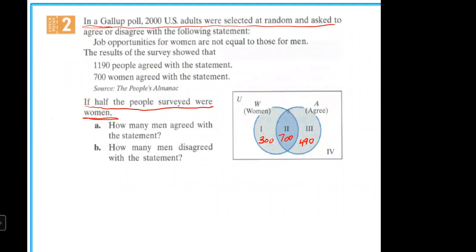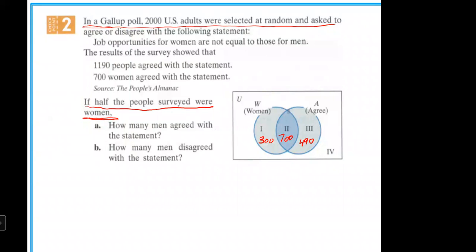Okay, so now Ms. Fernanda, what is the total number of persons in the survey? How many persons were involved in that survey? 2,000. So the numbers we have there now, the 300, the 700, and the 490, do they add up to 2,000?